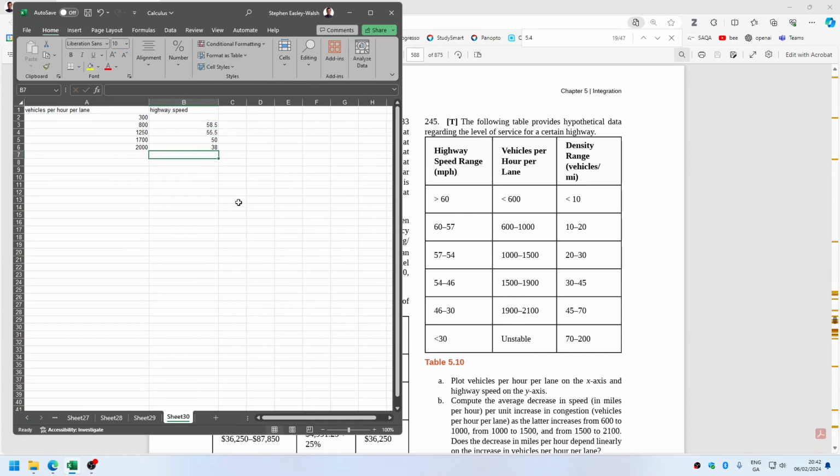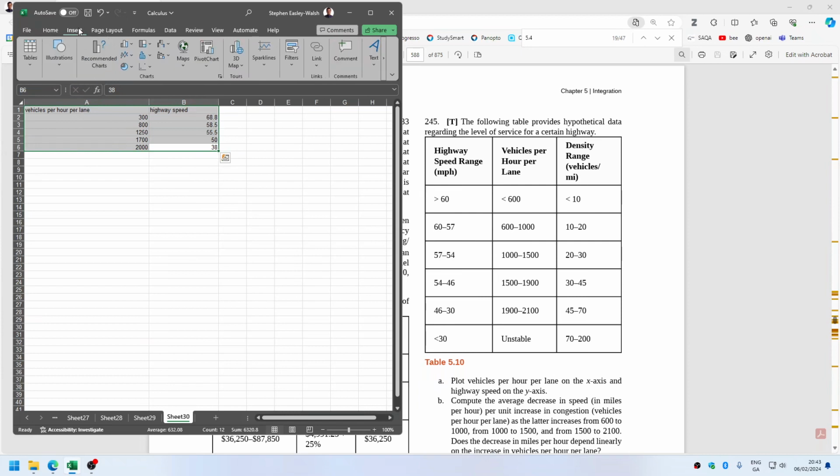So what's the average increase here? We'll just add that on: 6.8. So more than 60, so 68.8, we'll say. Okay, let's put in a scatter plot now.